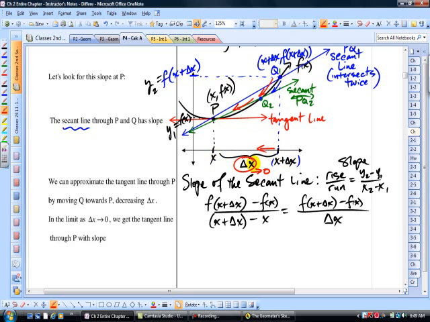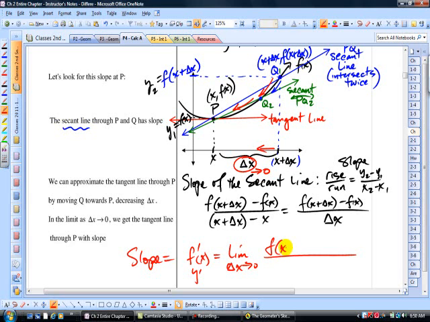Okay? So what we want to do is take a limit of this slope here, and this is the key now, and this is going to give us our derivative, which is the slope of the tangent line, f prime of x, or you can say y prime. It is going to be equal to the limit as delta x approaches 0, this distance that goes to 0, because we're going to slide Q1 to P now, of the slope of the secant line.